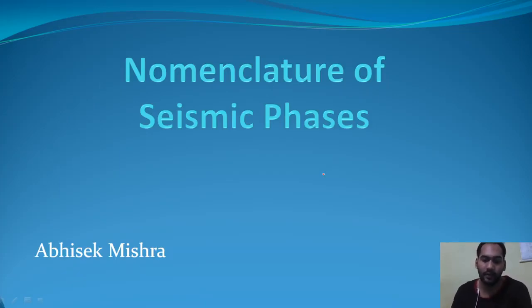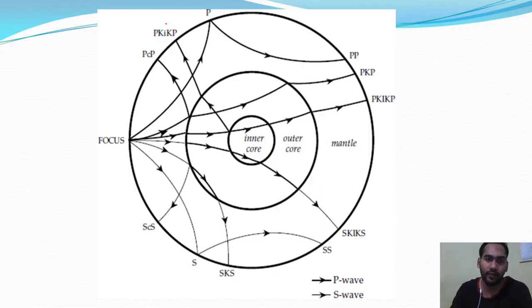Now you can see this diagram, there are different nomenclature, like you can see here that I have highlighted, that is PKIKP, or here you can see SCS or SKIKS. These are different nomenclature which are combinations of different symbols.